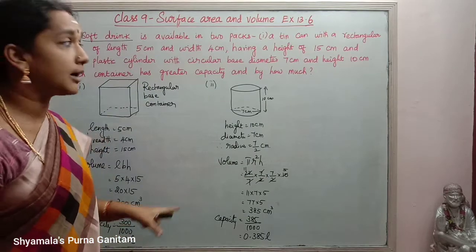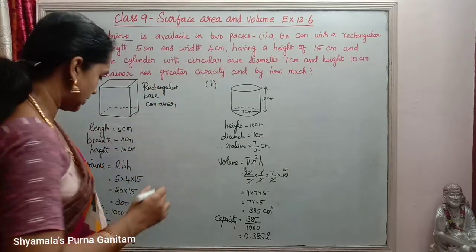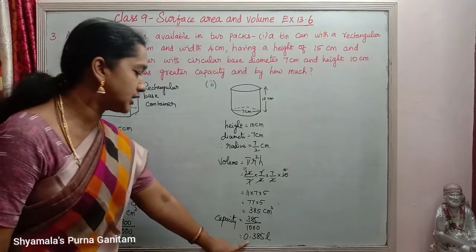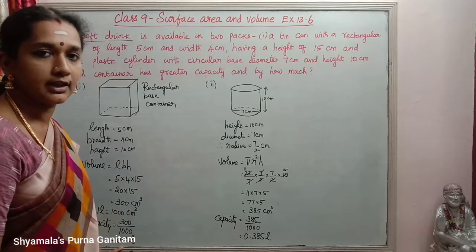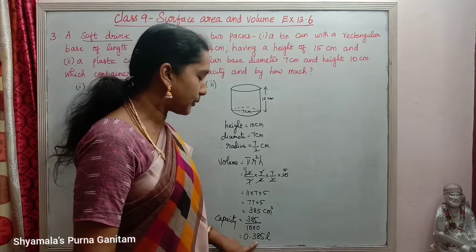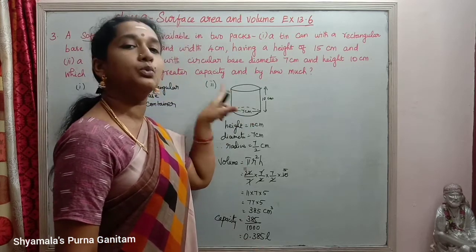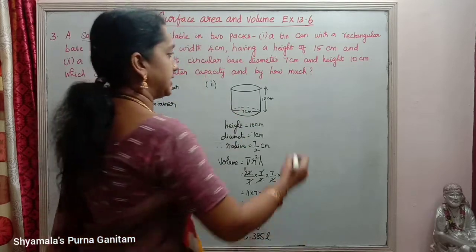Now, we have to compare which has the greater capacity and by how much. For the rectangular base, capacity is 0.300. For the circular base, capacity is 0.385. So the container with the circular base has the greater capacity.